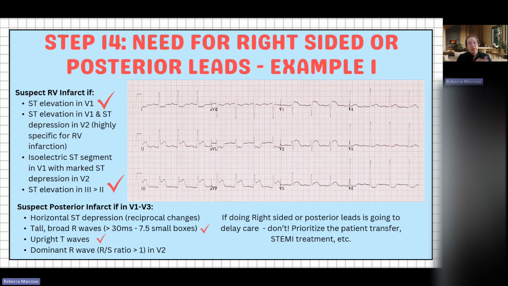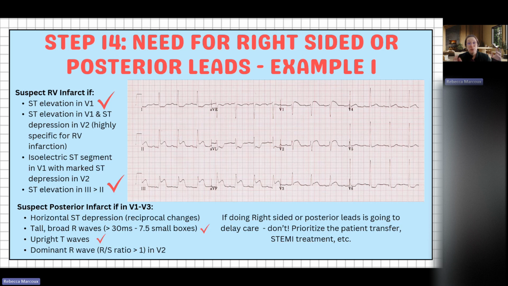The other thing I want to mention is if doing right-sided or posterior leads is going to delay the care, don't. We want to prioritize the patient transfer, STEMI treatment, etc. It can be helpful to have the information that the patient is having a right-sided MI, but we already know they're having a STEMI.